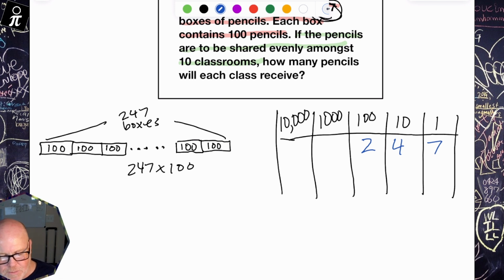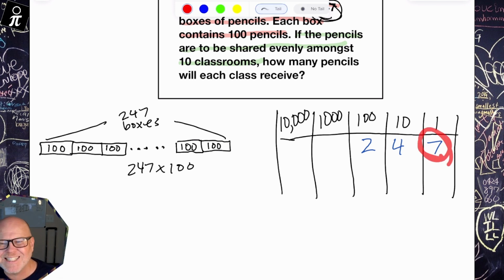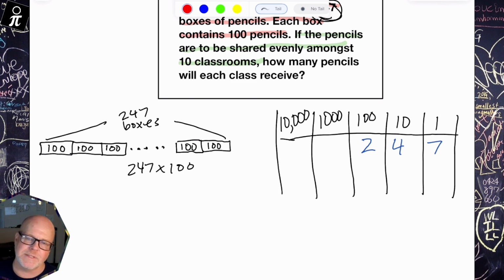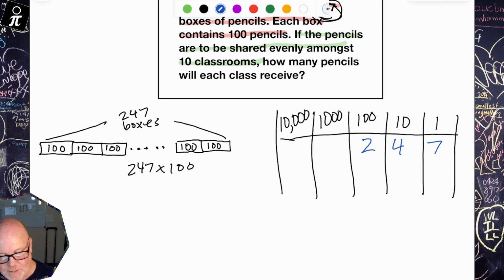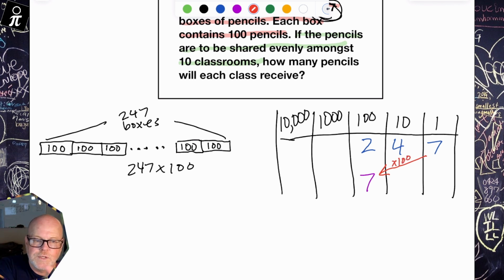And let's start by just looking at this 7. If I take that 7 and multiply it by 100, 7 times 100 gives me 700. So where is that going to go? That would go right here. And so basically, because I multiplied it by 100, it got moved 2 columns to the left.